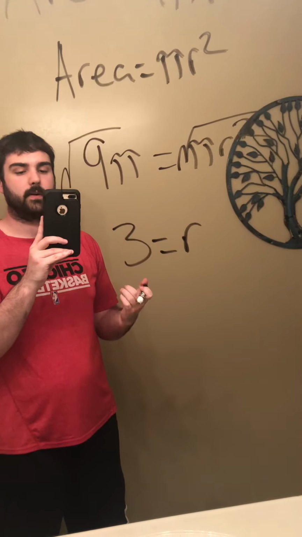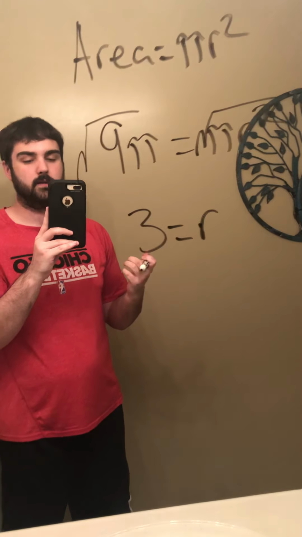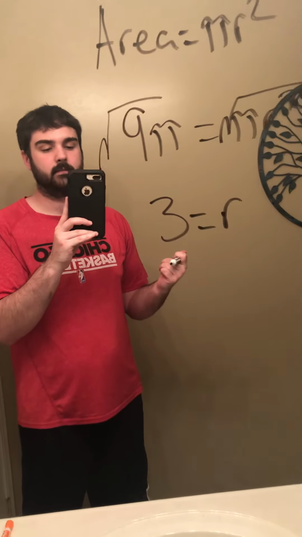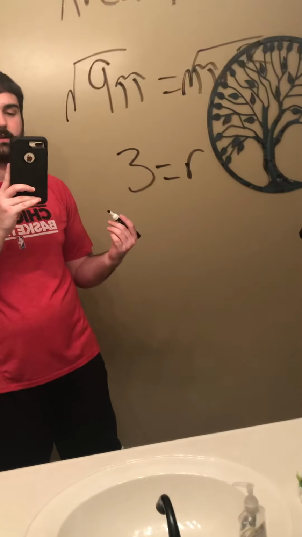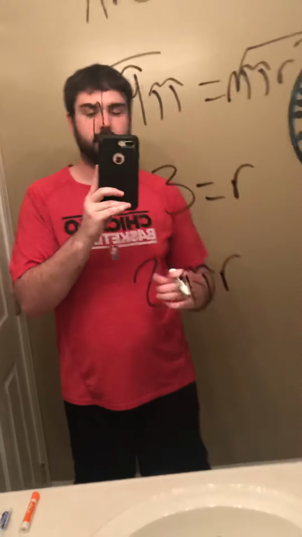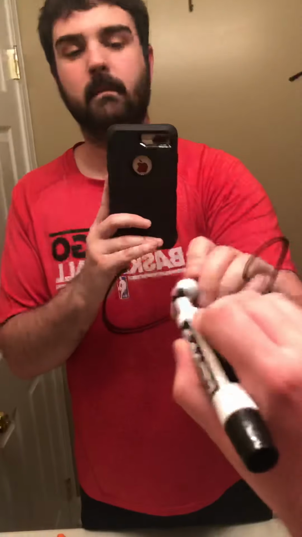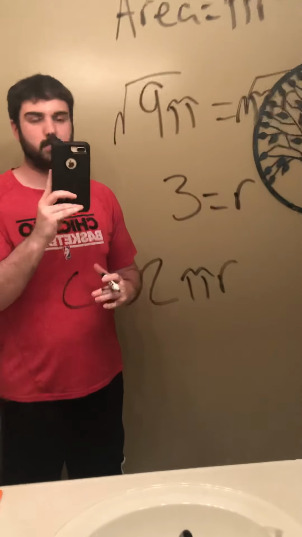Now that you know your radius, you can use that to find your circumference. The circumference formula you should use, since you know your radius, is 2 pi r. Circumference equals 2 pi r.